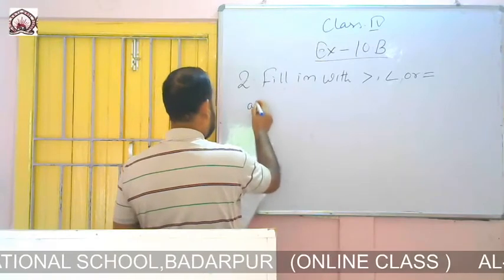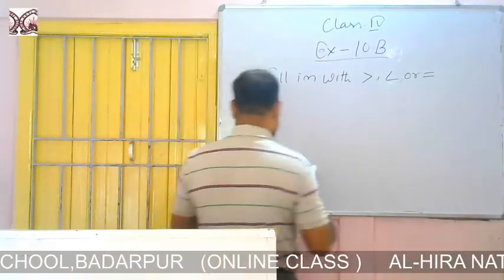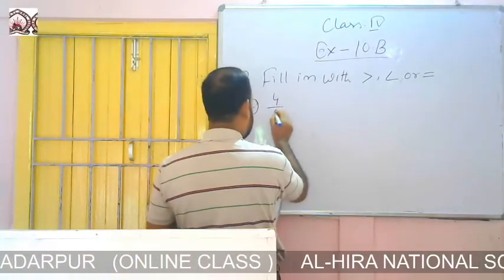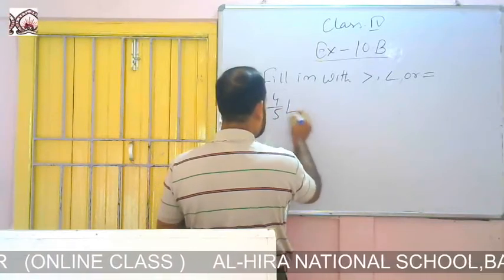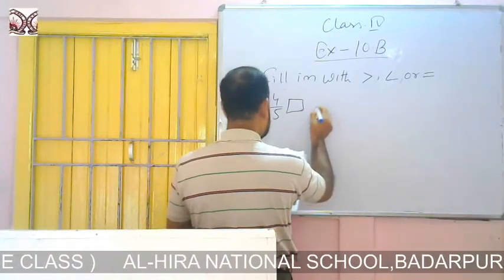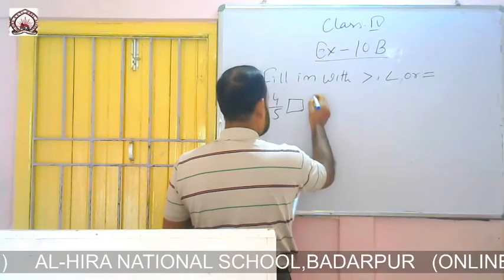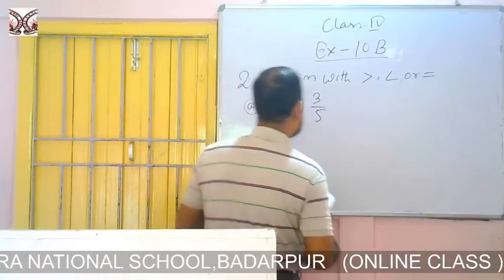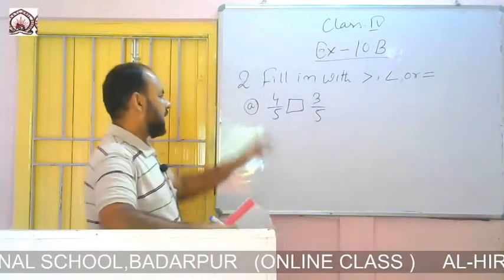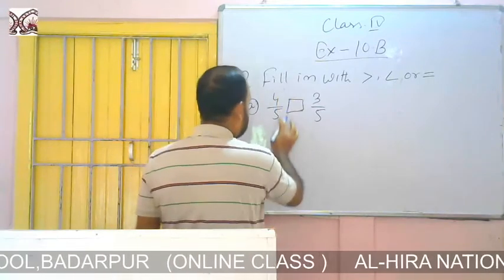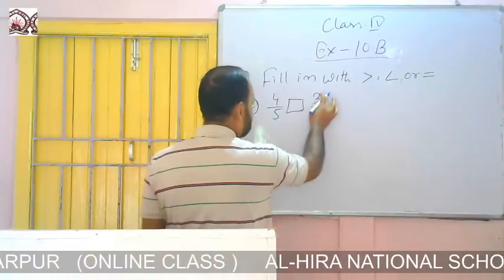Question number 2, a: 4 by 5 and 3 by 5. Here you see 4 by 5, 3 by 5.